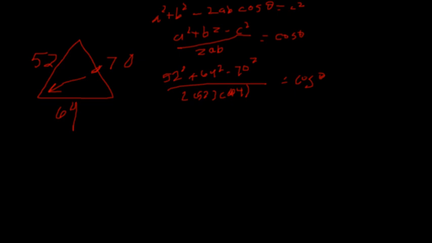So 52 squared plus 64 squared minus 70 squared, divided by 2 times 52 times 64.